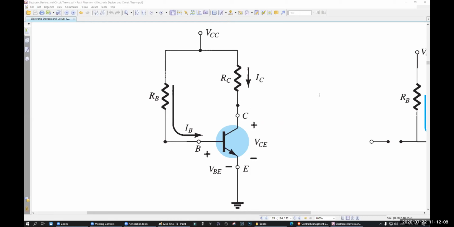Now, at first, because we are not dealing with input or output, we are only dealing with biasing, you have to remove the AC from the circuit. Then you have to analyze the circuit. How to analyze it? There are some analysis techniques. Let me show you something. I have a slide for that.